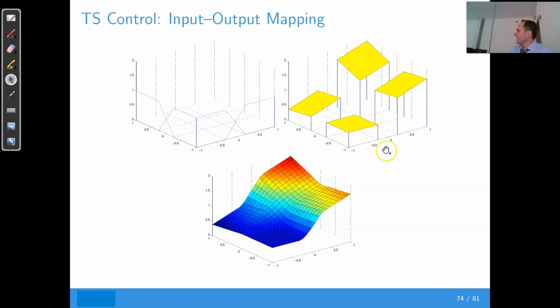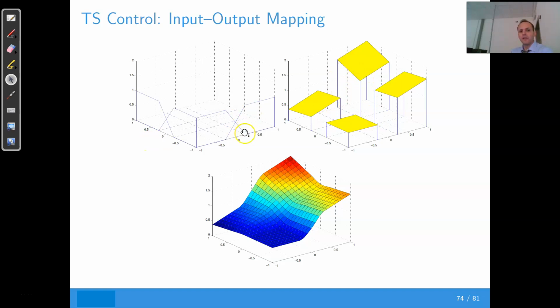and the fuzzy combination of these local linear models, of course you are in a two-dimensional space, corresponds to this non-linear surface, because these are not linear, but surfaces or planes are combined in the middle.